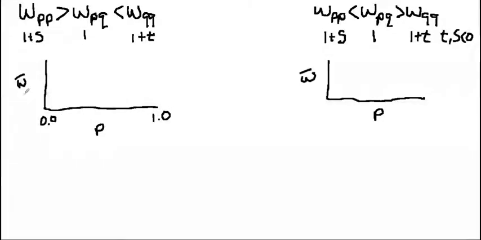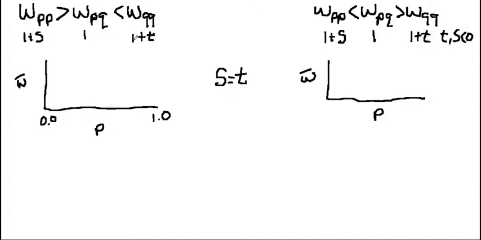W bar can be a lot of different values, so we're not going to label the axis there with a specific value, and we're just going to take a look at what the points are relative to each other. Now we're going to start out with the simplest case, where the two selection coefficients are equal to each other. That means that the fitness of an A1A1 individual is equal to the fitness of an A2A2 individual.